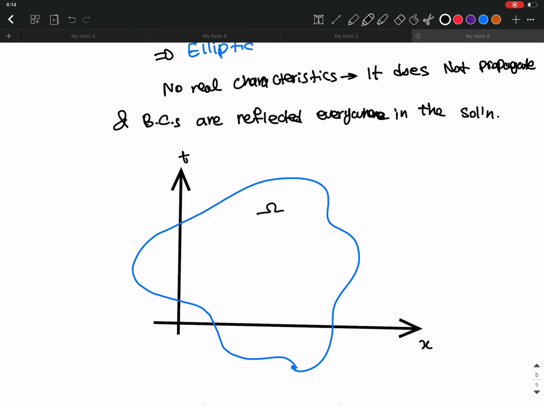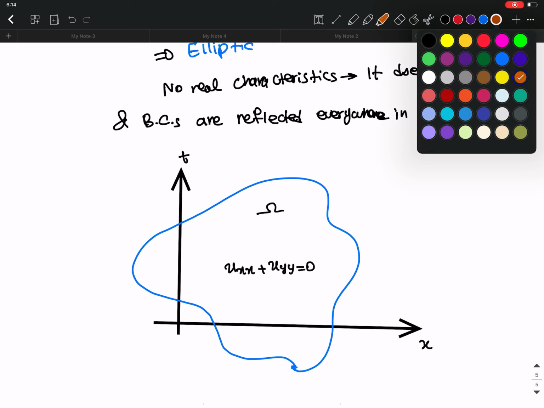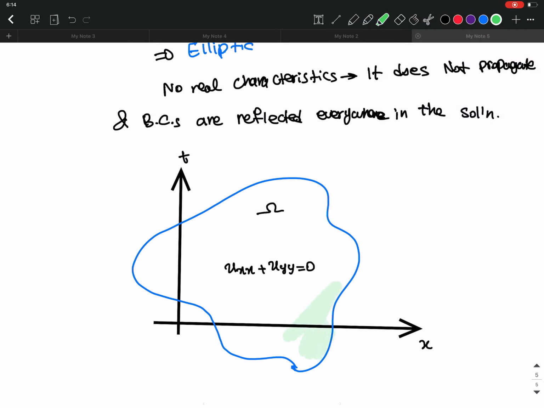And you have to solve this u_xx plus u_yy equals 0 over this domain. And the boundary conditions are going to be reflected everywhere here. In the whole domain they are going to be reflected. So there are no real characteristics here like the previous cases.